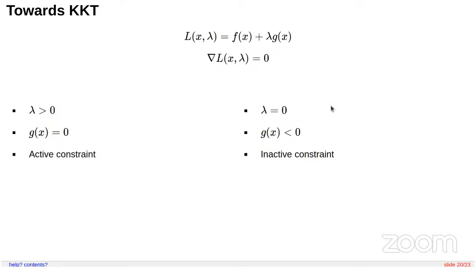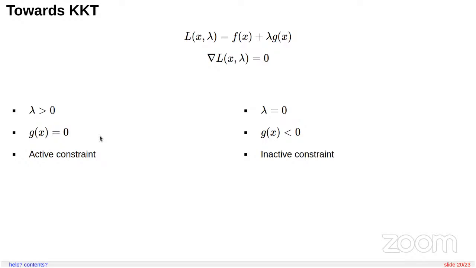Okay, if we put these together, can we come up with one more condition? If you use these four snippets of information, can you condense them into one single condition? Lambda is greater than or equal to 0 and g of x is less than... In a single expression, can you combine both of them?